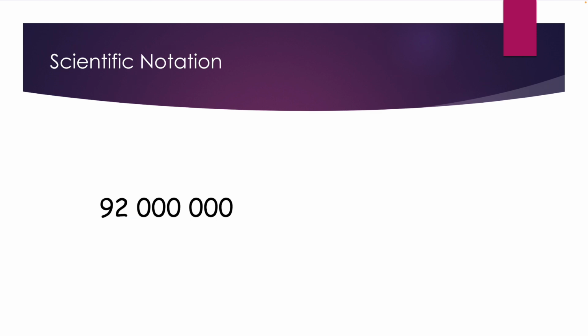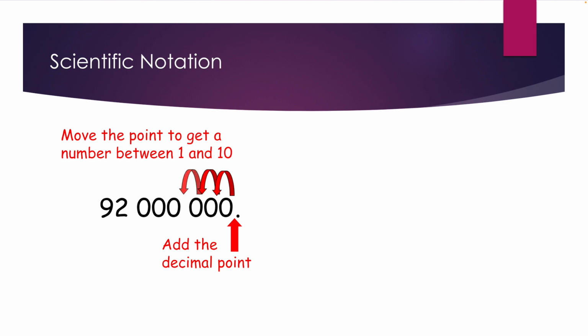So again, if I'm looking at this number, I want to see where I can place that decimal point to get a number between 1 and 10. And I see I can place it right here between the 9 and 2 to get 9.2. So if this is where my decimal point is, I'm going to move it 1, 2, 3, 4, 5, 6, 7 times.